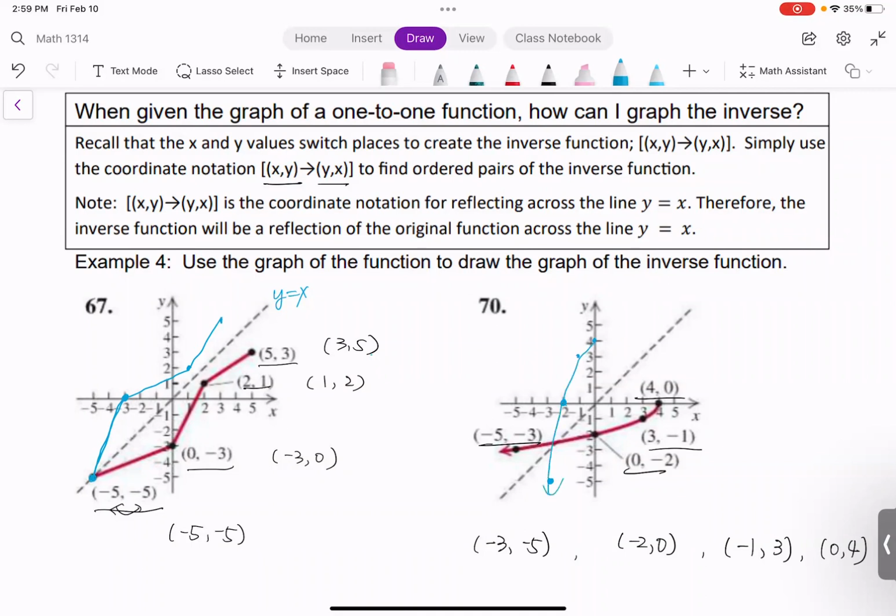Okay, this is the graph. And you must see this graph is symmetric to the f function along which line? Y equals x. If the graph you have found is not symmetric along y equals x, you may have made a mistake, so you need to check your steps.